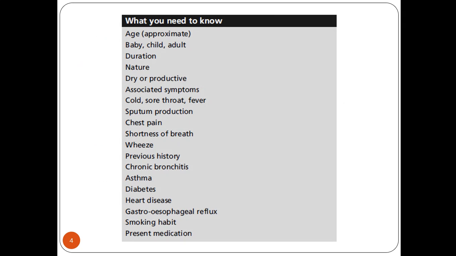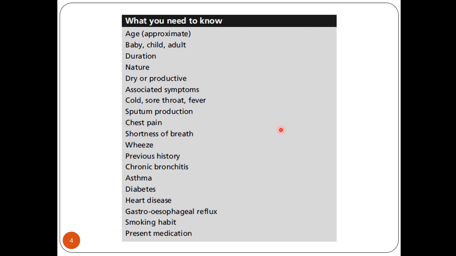What you should know to respond well to the patient or customer coming to you suffering from a cough: the age, is it a baby, child, adult; the duration of the symptoms; the nature of the cough, is it dry or productive; and the association of other symptoms, such as cold, sore throat, fever, sputum production.